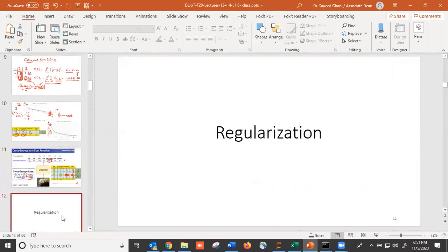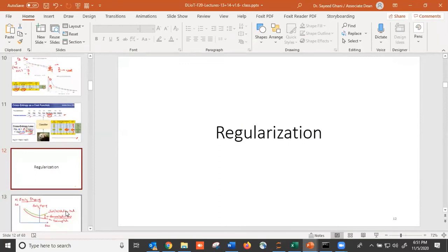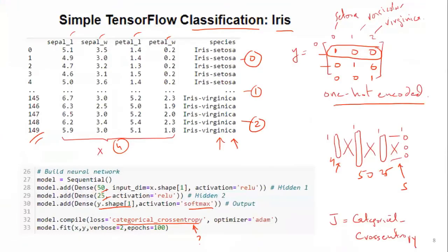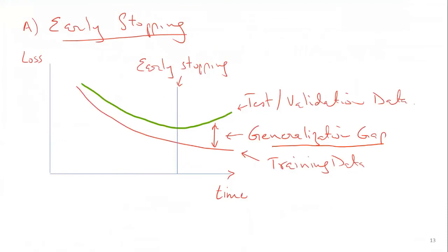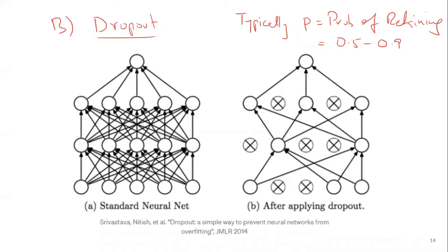Okay, so let's continue from where we left off onto regularization. Last time we spoke about two types of regularization. We talked about early stopping, and we talked about dropout.